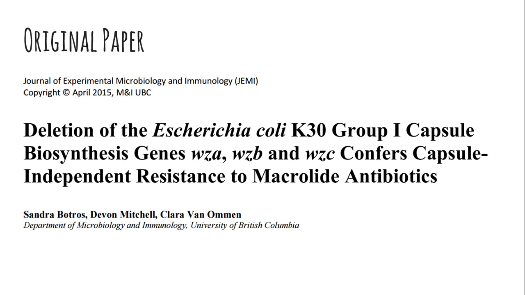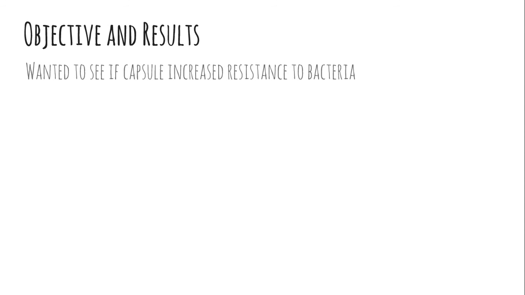Our initial interest in macrolide resistance involving the WZY system stems from a GEMI paper published in the 19th volume by Botros et al. Originally, Botros et al. wanted to look at group 1 capsule's ability to induce antibiotic resistance in bacteria.